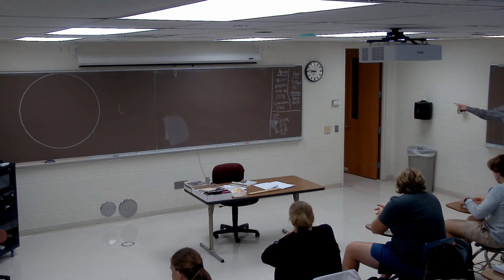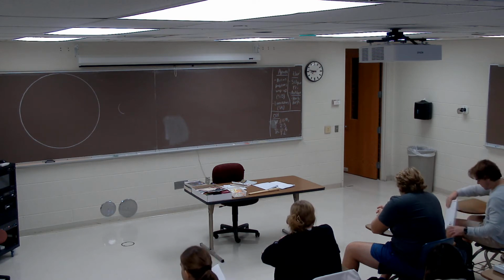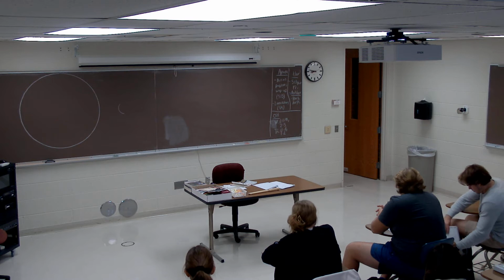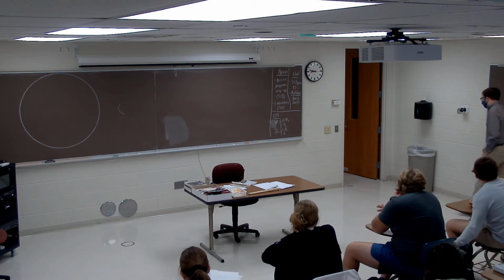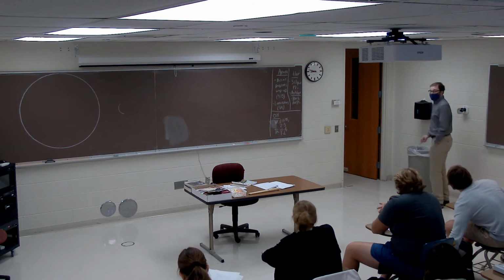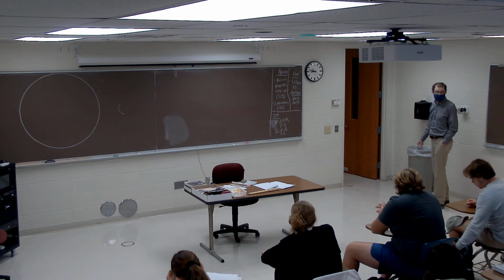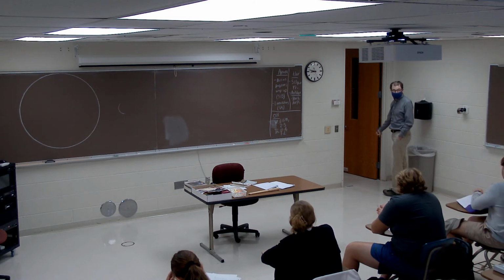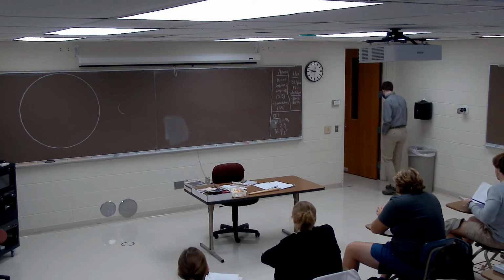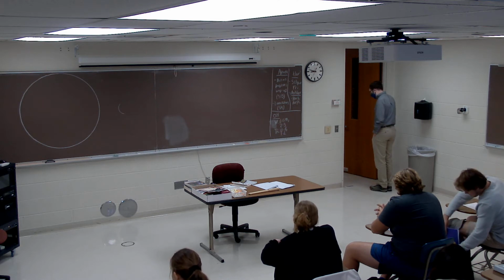Suppose I want to walk out this door from this point. I have to walk halfway to the door first before I can get to the door, right? Before I walk out this door, I have to walk halfway to the door.